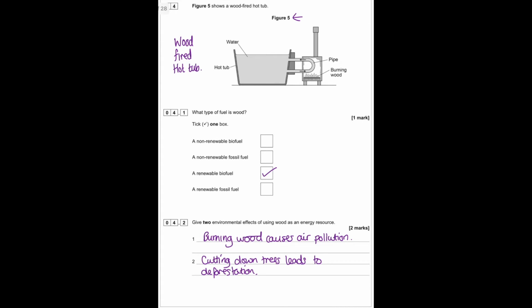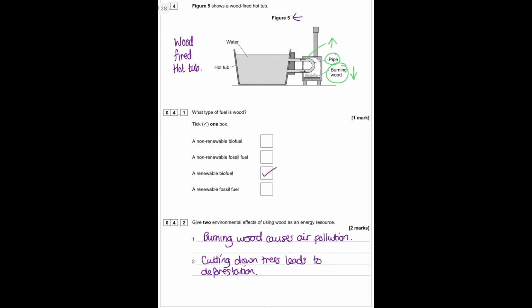As we're burning the wood, the chemical energy store of the wood is going to decrease. That energy is going to be transferred to the internal or thermal energy of the pipes. So the internal energy of the pipes is going to increase.